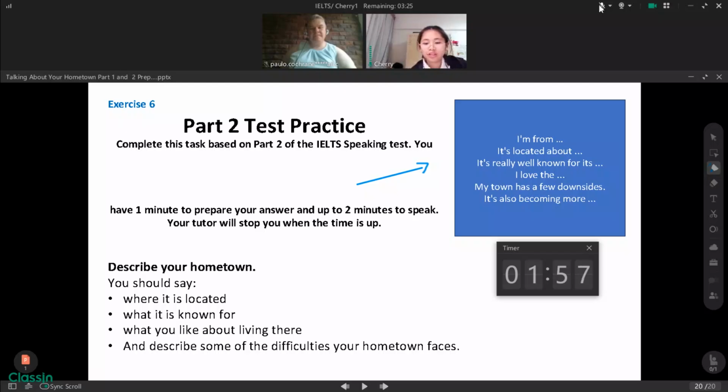I'm from Shenzhen. It's a large city and it is a mid-sized town, and it is in the south of Guangzhou, and it's located about 2 hours south of Guangzhou.